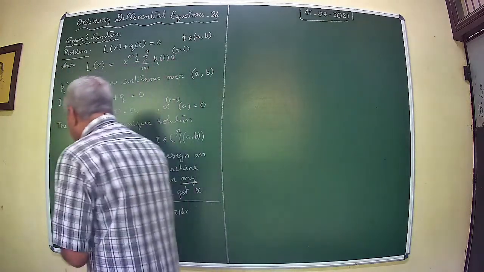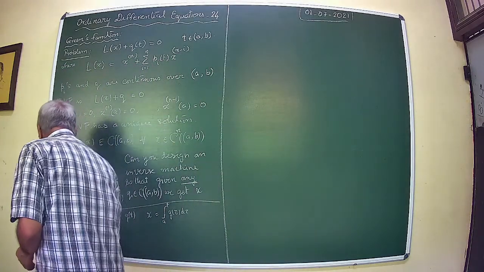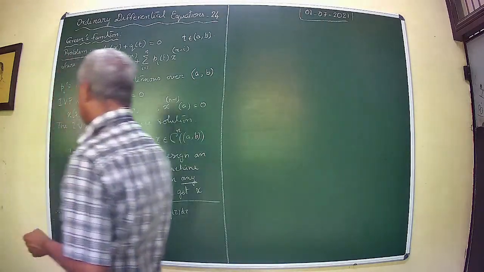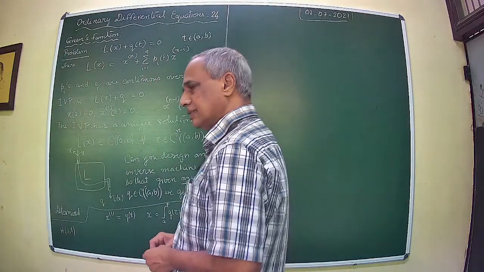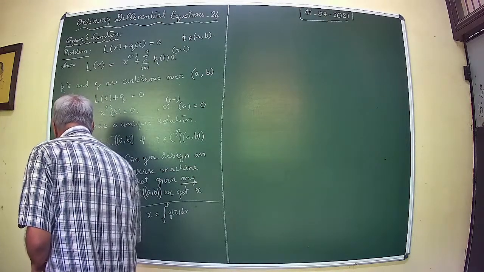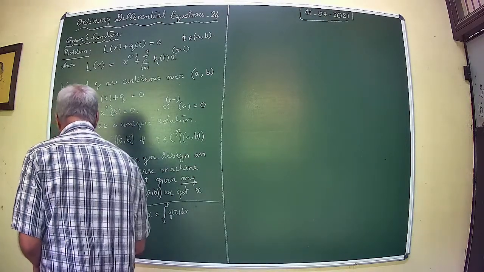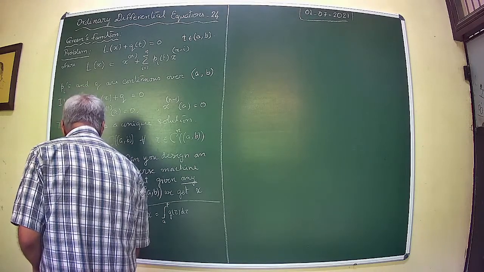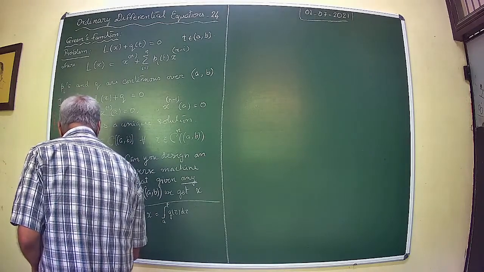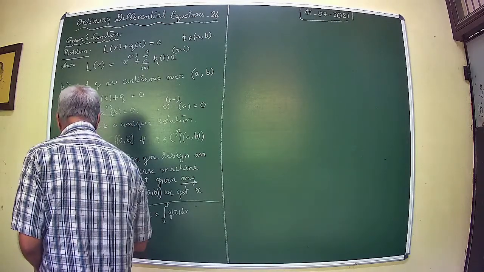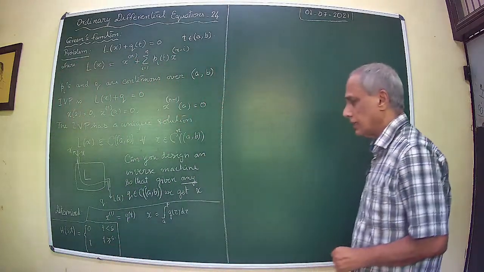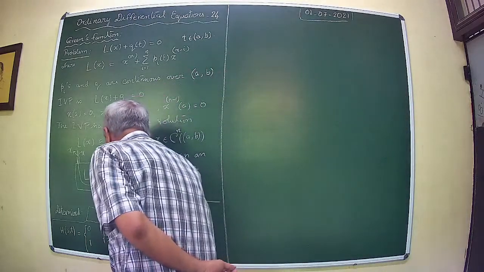Now for that we make use of the following fact. Suppose you consider a function H_s(t). H_s(t) is defined to be 0 for t less than s and equal to 1 for t greater than or equal to s. This is called the Heaviside unit function, as I said last time.